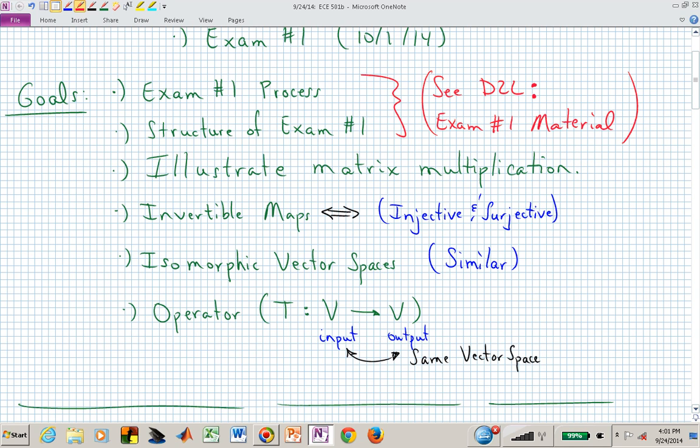If we do have an invertible map between two vector spaces, those two vector spaces are what's called isomorphic, or they are similar. They have similar features or similar elements, and then that leads us into this notion of operator, which says our input vector space is identical to the output vector space, and we are then operating from and back into the same vector space with an operator.